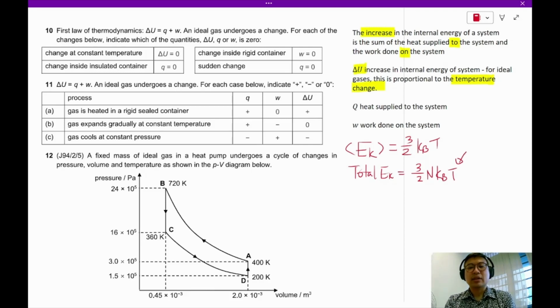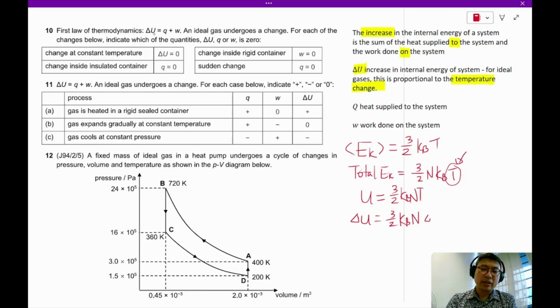This means it is related to the temperature of the system. So the internal energy of an ideal gas is 3/2 NkT, and the change in internal energy is 3/2 Nk delta T. This means the change in internal energy of an ideal gas is proportional to the change in temperature.